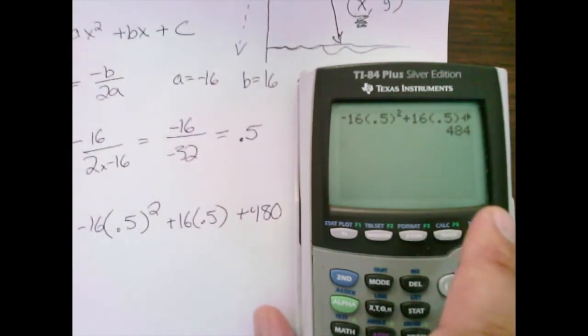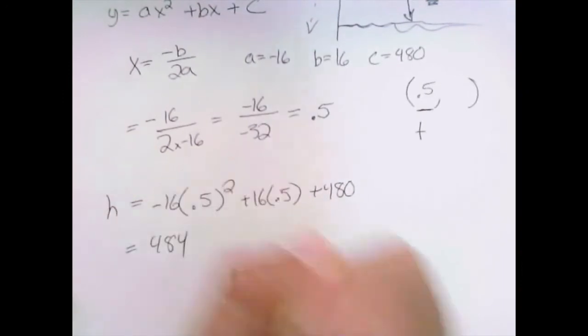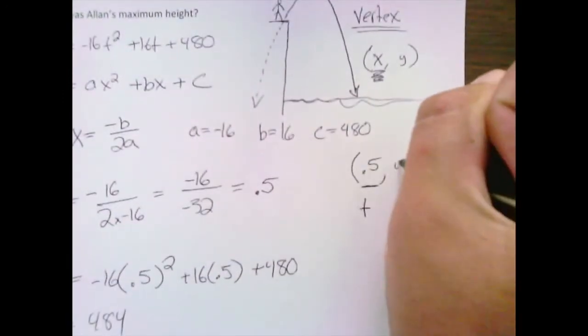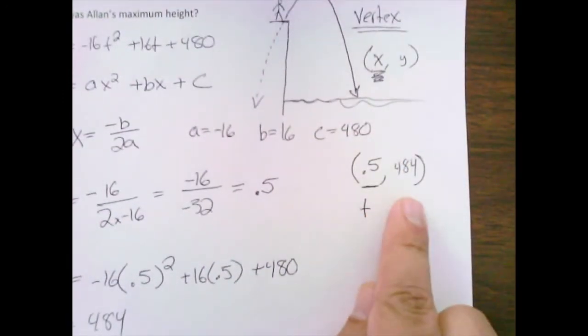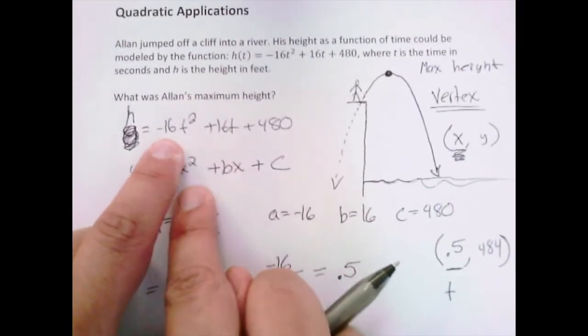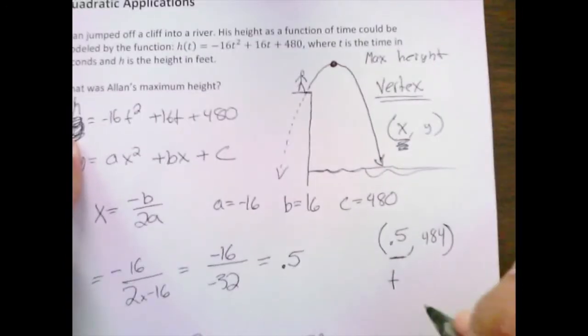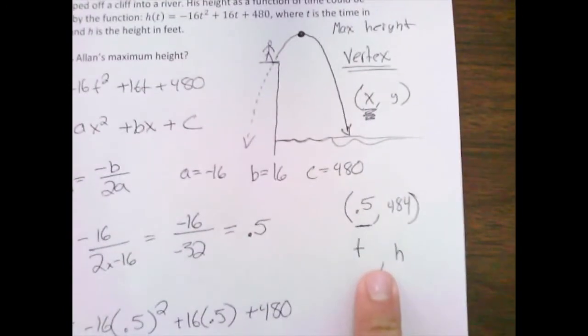That gives us an output of 484. So what I just found out was the other part of my vertex is 484. It looked like t was in the x spot and h is in the y spot. So I know t is 0.5, h is 484.